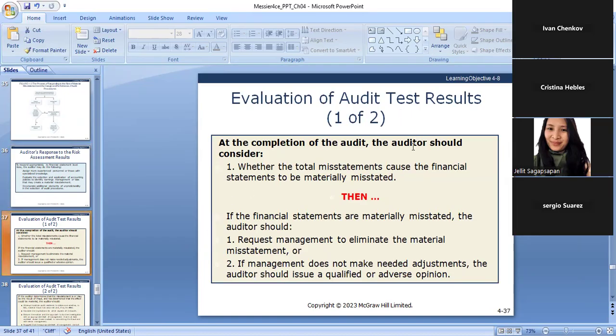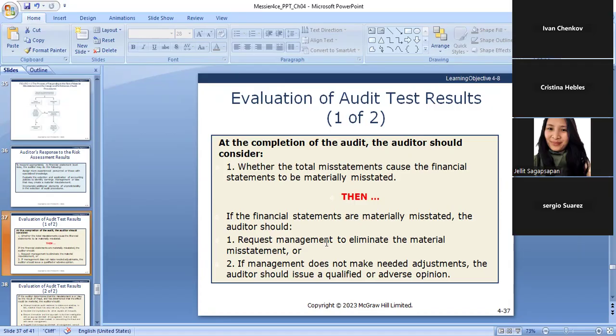Evaluation of the audit test results. At the completion of the audit, the auditor should consider whether the total misstatement caused the financial statements to be materially misstated. If the financial statements are materially misstated, then the auditor should require management to eliminate the material misstatement in order to achieve an unqualified opinion. And if management does not make the needed adjustments, then the auditor should issue a qualified or adverse opinion based on the mistakes.